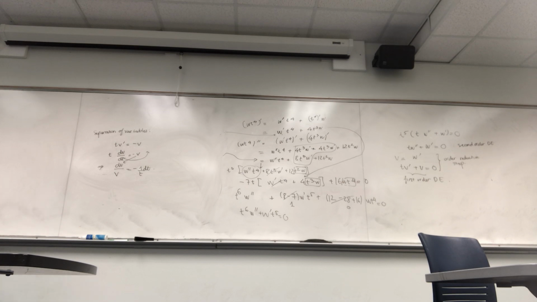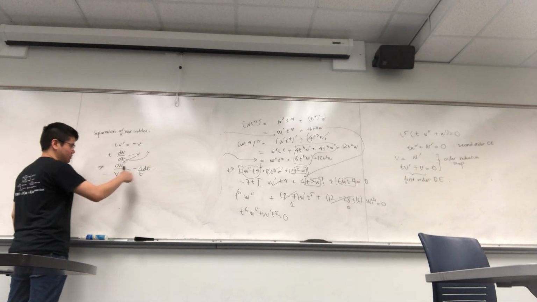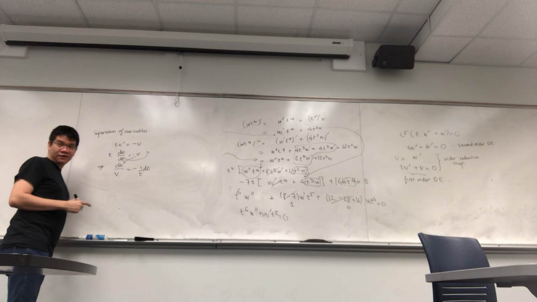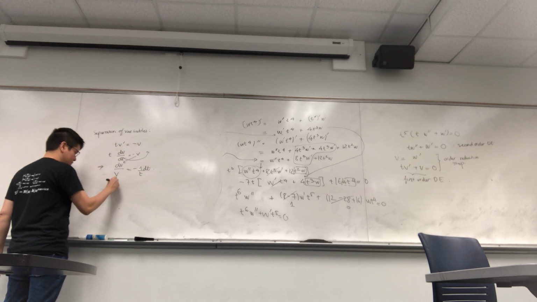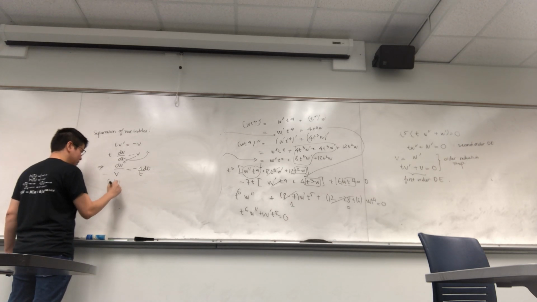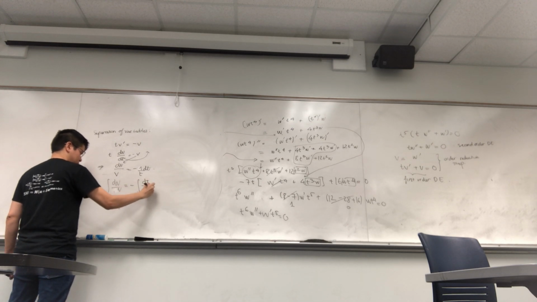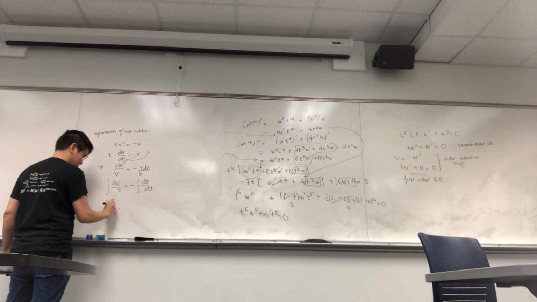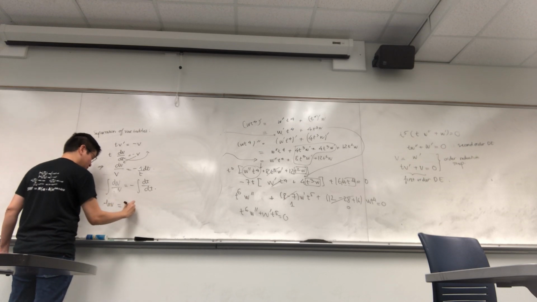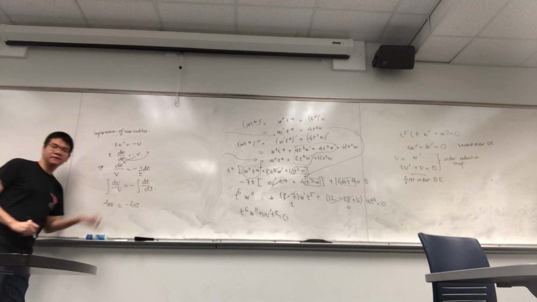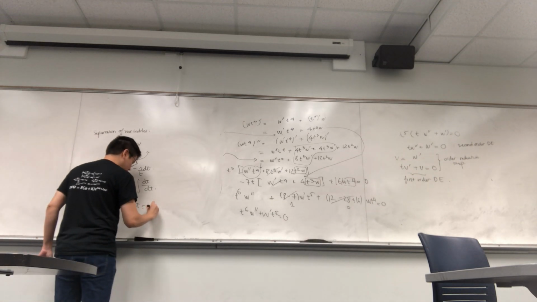So I'm going to integrate both sides, right? You have dv over v is minus dt over t, which means that log of v is equal to minus log of t, which is log of 1 over t.